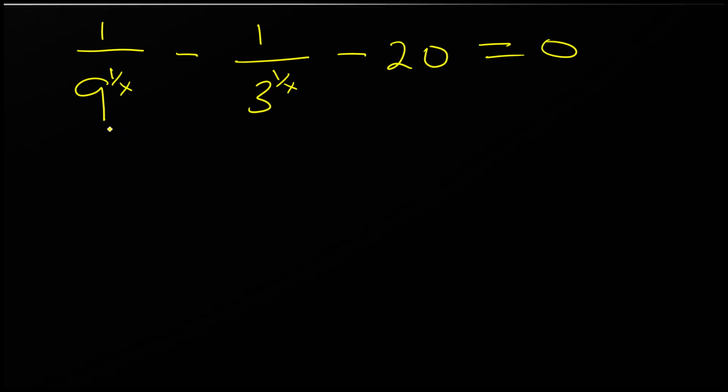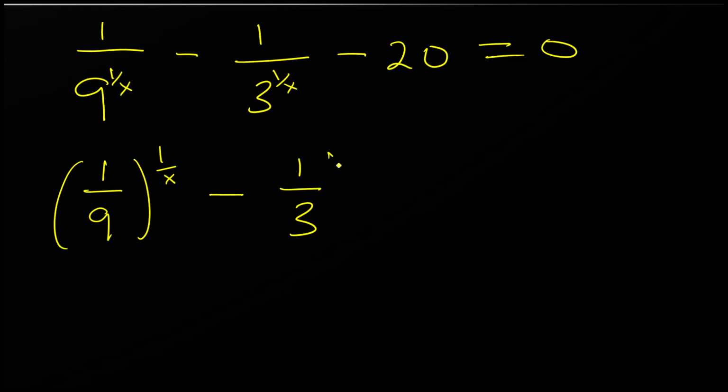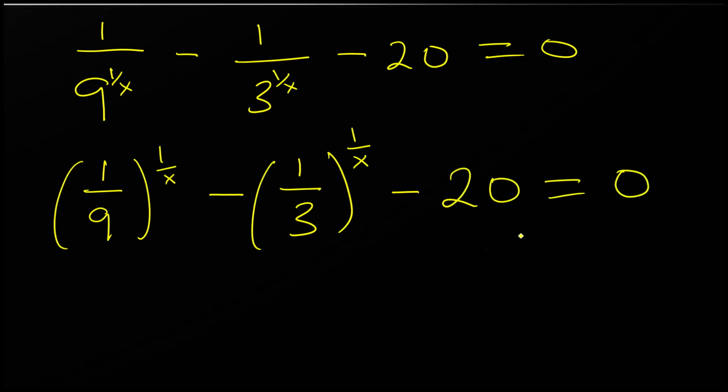we can write this one as 1 on 9 raised to 1 on x, because 1 raised to this will be 1 and 9 raised 1 on x will also come. And we can do same here, 1 on 3 minus 20 equals to 0.